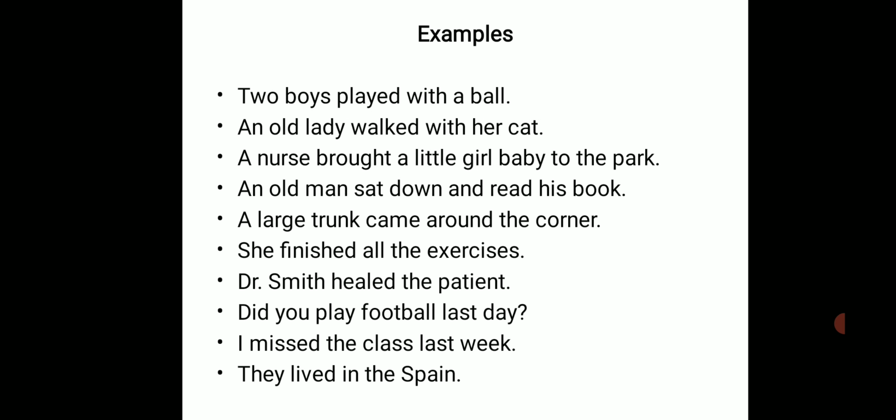Then past perfect, I had watched TV. The action was complete even in past tense. We use had to suggest the completion of the action that is perfectly completed. I had walked. I had finished my job.